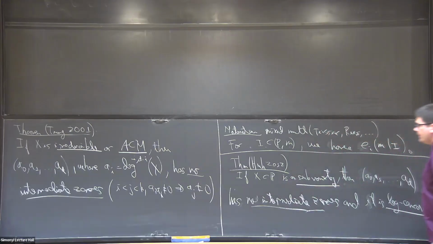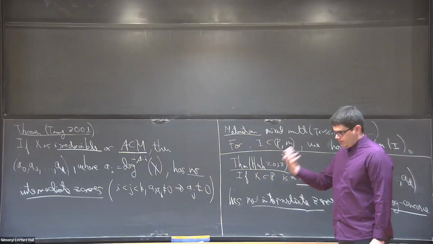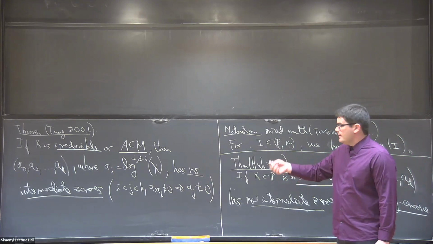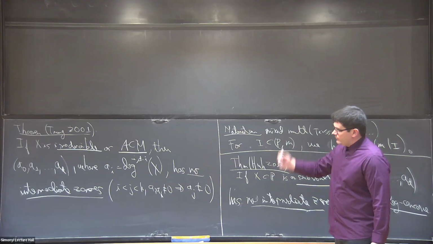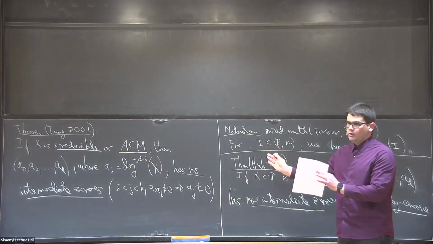Okay, so then we have this weird or nice behavior that as long as you have an irreducible multiprojective or an irreducible projective variety, then you get both a nice support and log concavity.